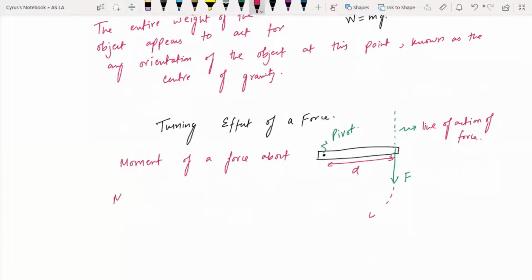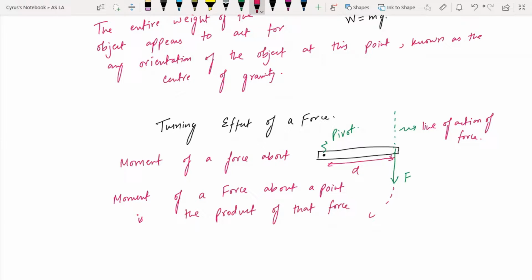You should know that the moment of a force about a point is the product of that force.